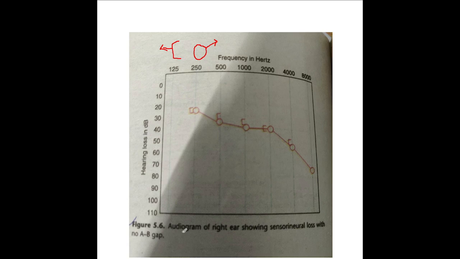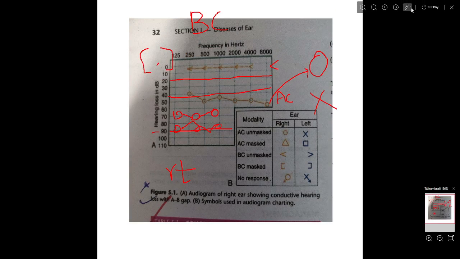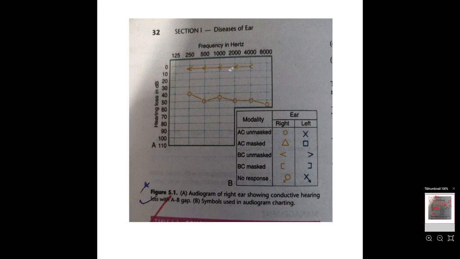So this is the audiogram of the right ear, and as you can see, there is a difference between the both of them. You see there is a distance between the both. Okay, if this distance is more than 15 decibel, it means there is a problem with conductive hearing loss.